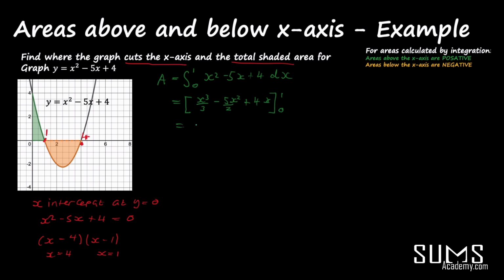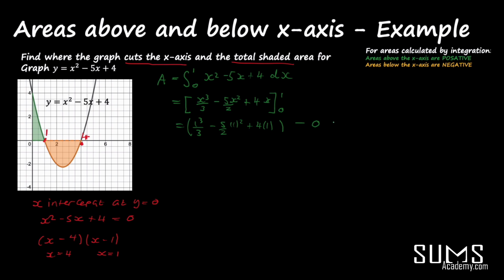So this then becomes 1 cubed over 3 minus 5 over 2 times 1 squared plus 4 times 1, in curly brackets, minus 0. Let's see what this works out to be.